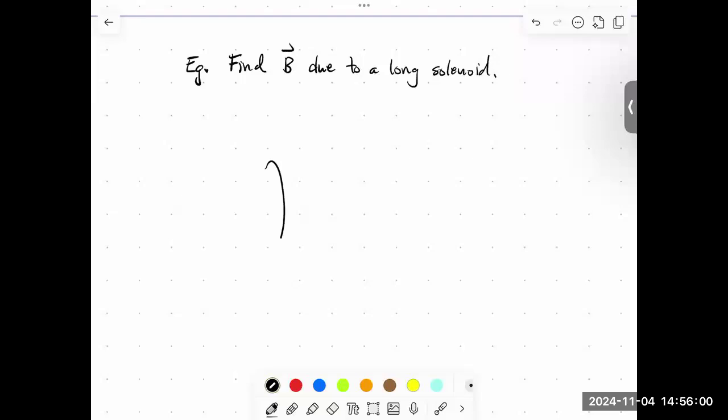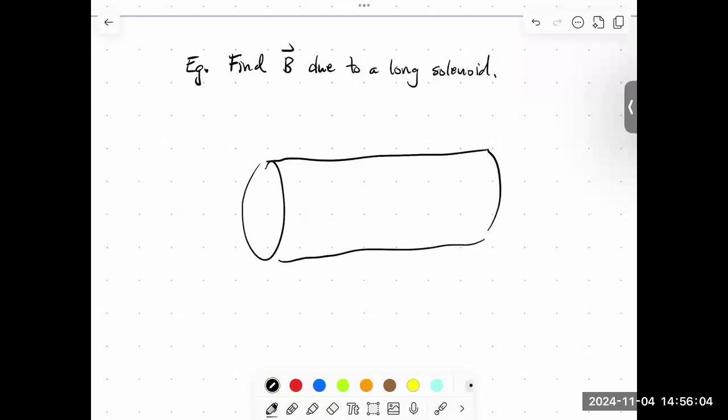Okay, so a solenoid. Let's imagine that we take some kind of cylindrical object. This is just going to be a former. And then we're going to take a wire and coil it around our little former here so that we get this spiral.